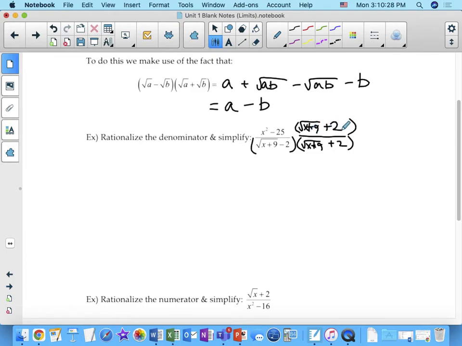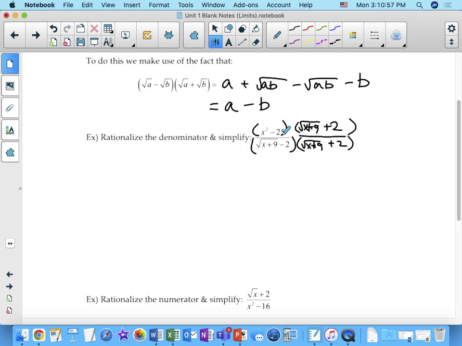And when you see anything in calculus where there's a square root plus something or a square root minus something, and you're not sure what to do, try multiplying by the conjugate over the conjugate. It's a really good step to take.